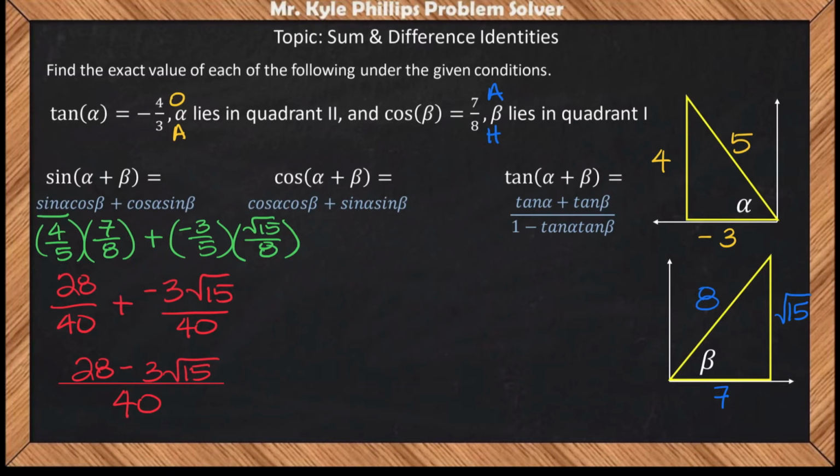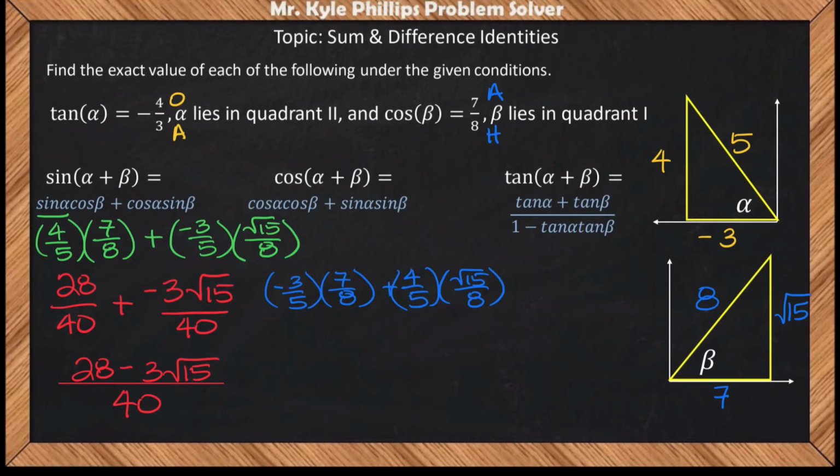Now it says do cosine of alpha plus beta. So here we'll have to write pretty small to fit all this in. Cosine of alpha is going to be -3/5. We just found that. So we'll do that right down here. Let's say -3/5 times cosine of beta, which is 7/8, plus sine of alpha, which would be 4/5, times sine of beta, which is going to be root 15/8.